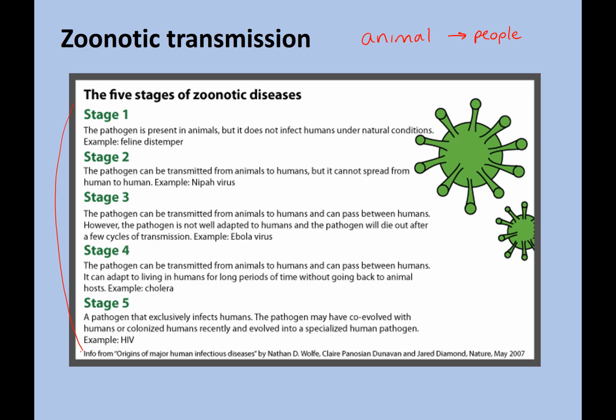So there are steps that they have to go through in order to adapt to a new host. And we're seeing this happen more and more due to climate change, global traveling, and some exotic dining, like eating different types of wild animals. I think that's how some of these zoonotic diseases have come across. So go ahead and look at those stages.